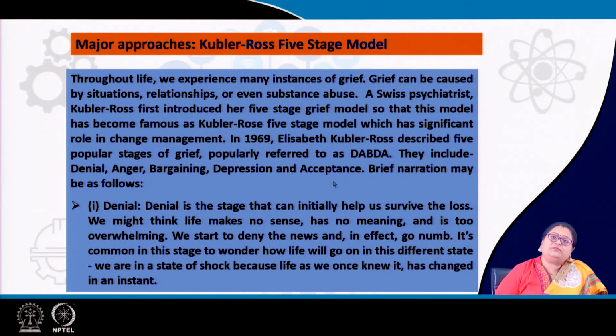As we have seen in the earlier transition model, people may see organizational change as a sense of loss, a sense of an end, a sense of letting go, and it may give rise to a feeling of grief or sorrow. It is very important to know these stages, to know how grieving people behave in certain situations, so that we can nudge them properly to come out of these situations.